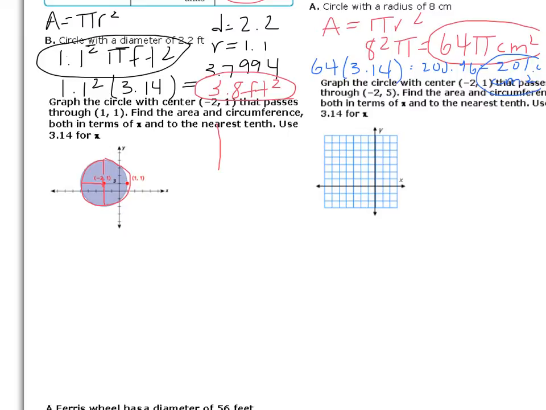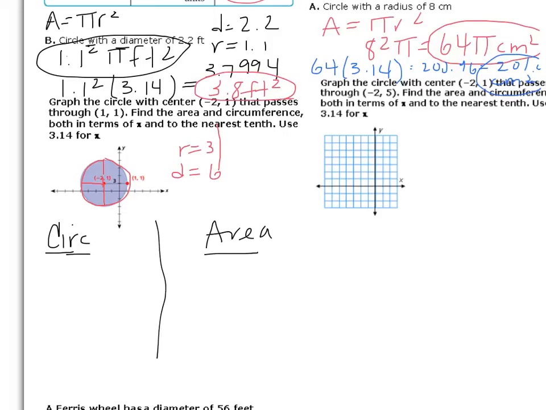Okay, so they want us to find the area and the circumference. So, if my radius is 3, because we had 3 units, that means your diameter is 3 times 2, which is 6. Okay, so let's do the circumference first, and then we're going to do area.